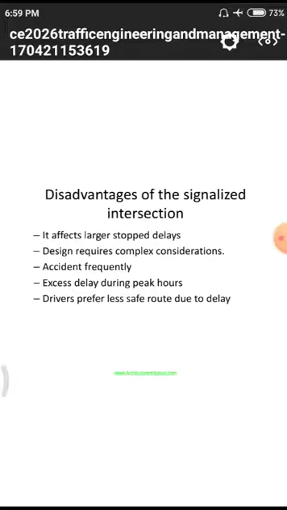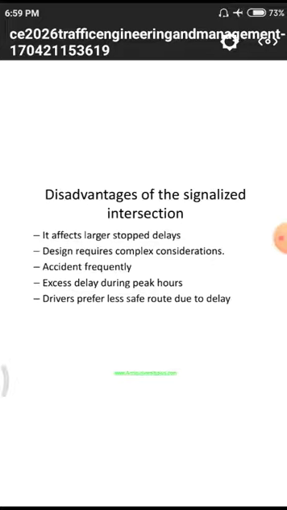design requires complex considerations. Why? Because here we are using complex considerations. We need to observe the land use, and we have to calculate the lane capacity. In some places there may be institutional buildings, academic and other buildings, and in those particular spaces we should not prefer traffic lights.